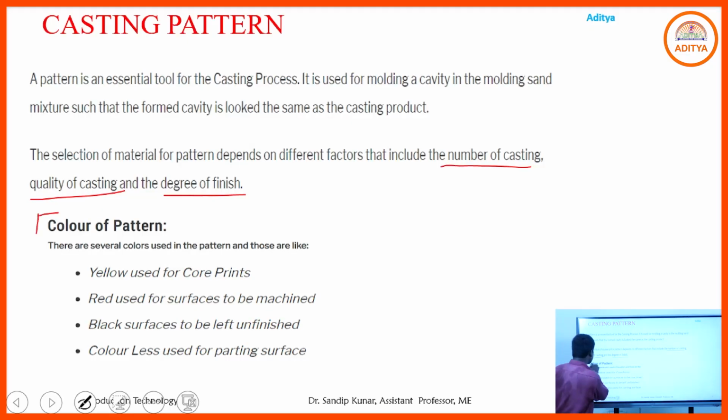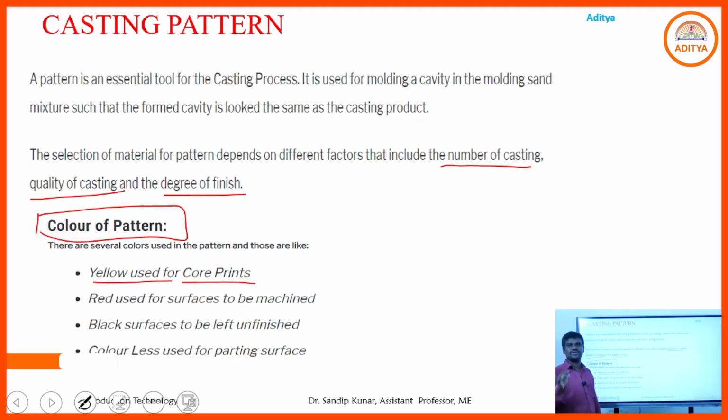Now, different colors are used for patterns. What is the meaning of the different colors? First one, yellow color. Yellow color denotes the core prints, meaning yellow will be used for core prints. Another is red color. Red color will be used for surfaces to be machined.